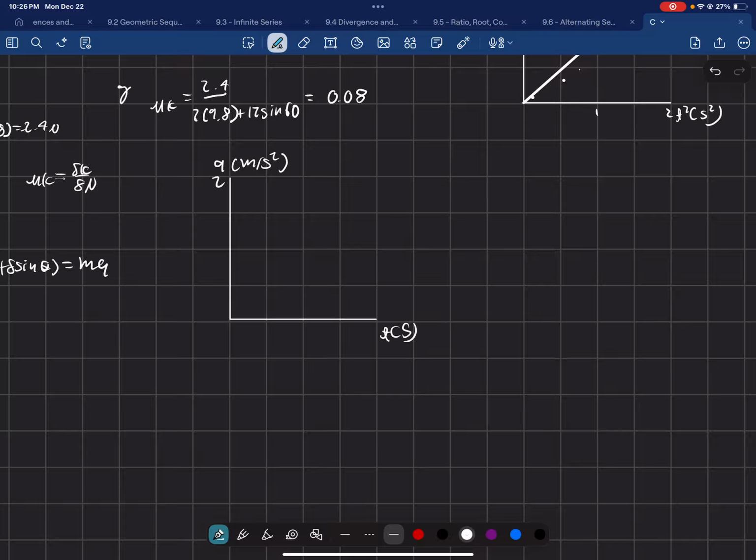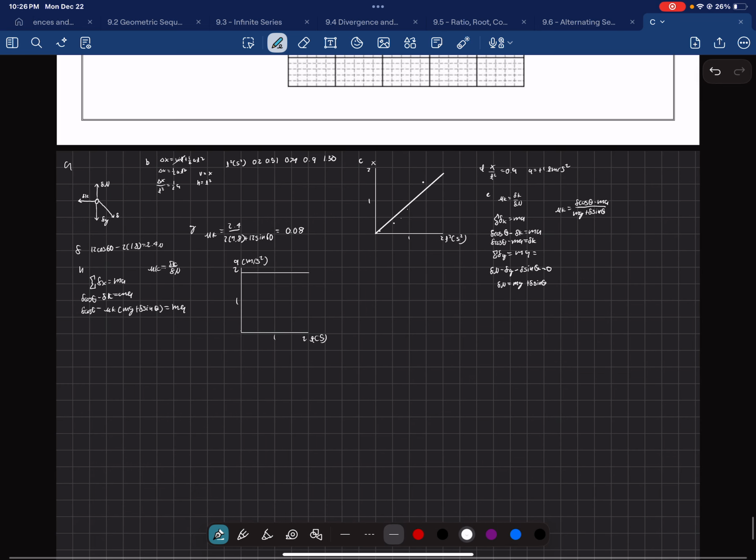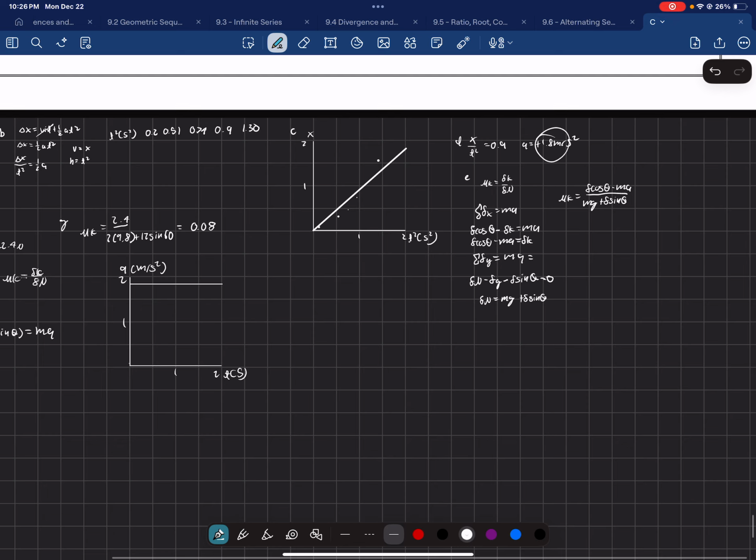Let's say this is 2, 1, 1, 2. The slope would look something like this, and this lines up with our statement earlier that it is 1.8 meters per second squared.